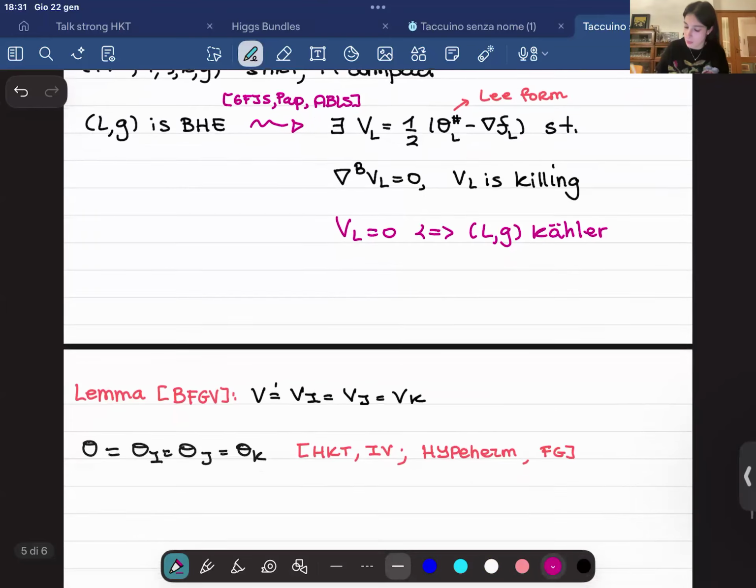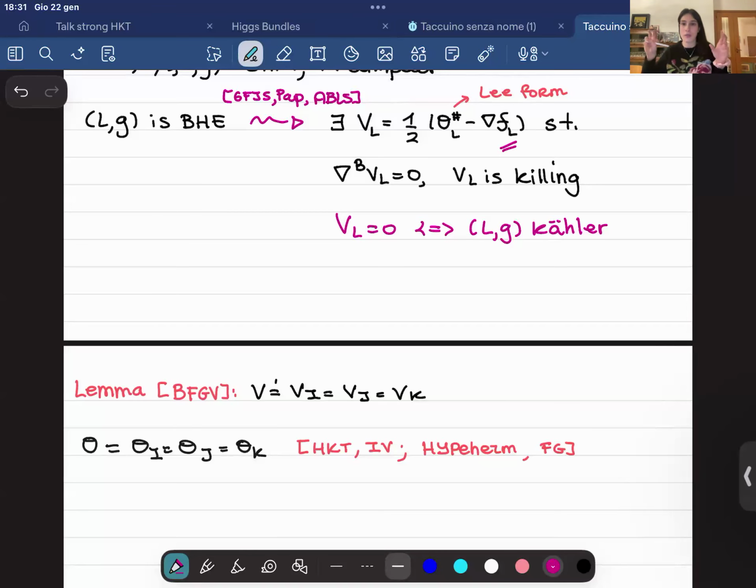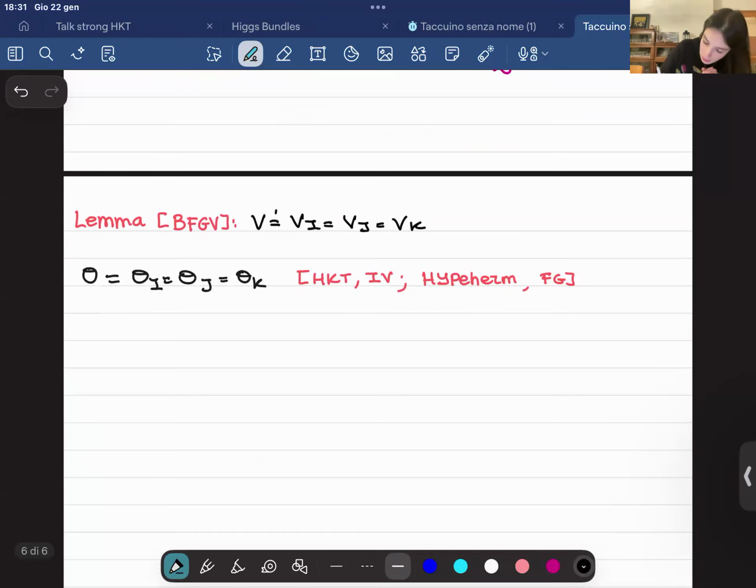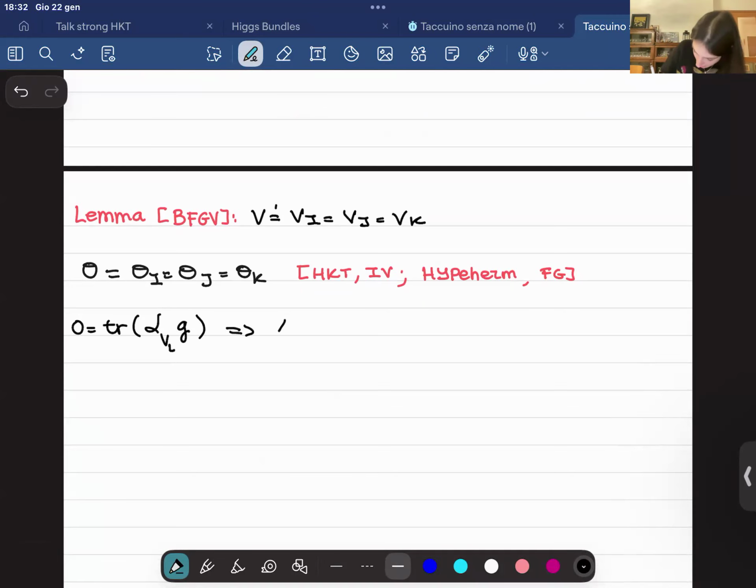So now basically what I have to show is that these 3 gradients are the same, but I can use, for instance, that my vector is Killing. In fact, my vector being Killing says that the Lie derivative of g with respect to V_L is equal to 0. So I can trace this condition. And this is completely equivalent to asking that the Laplacian of f_L is equal to minus the codifferential of the Lee form.